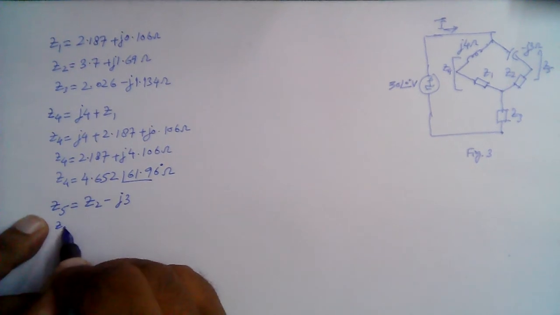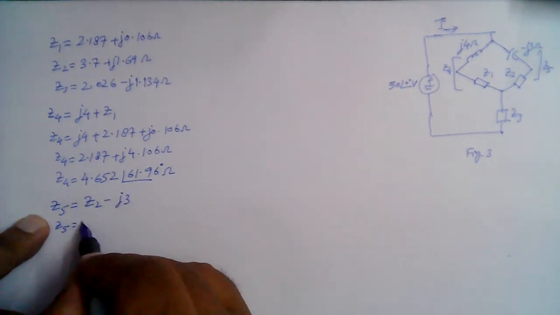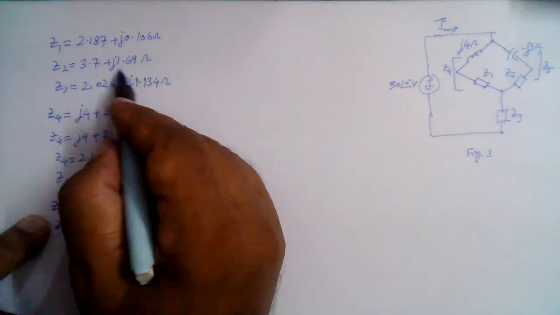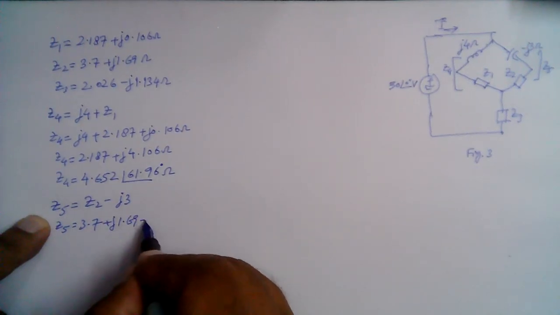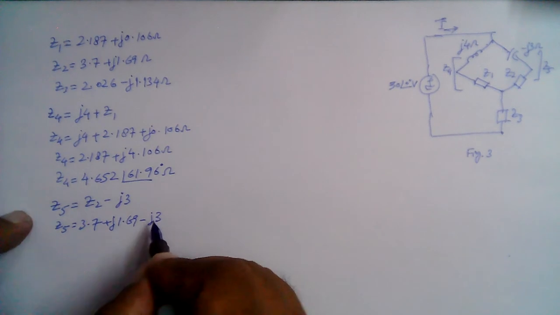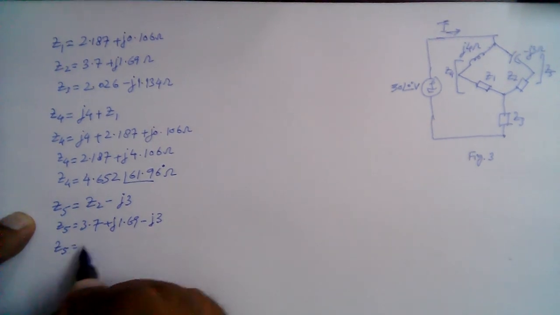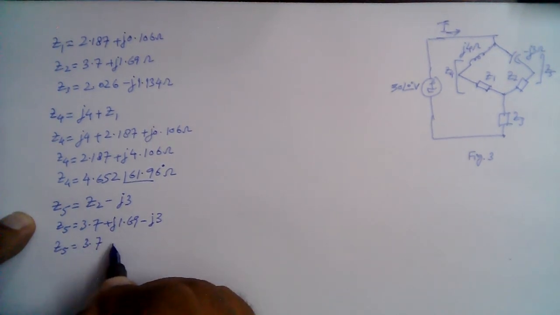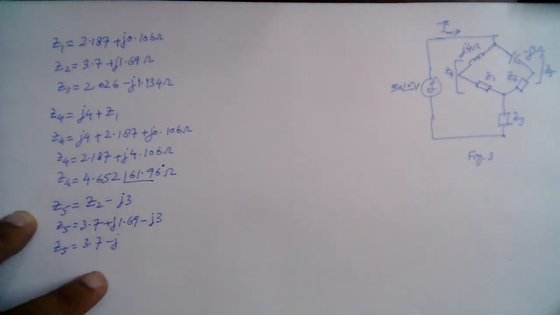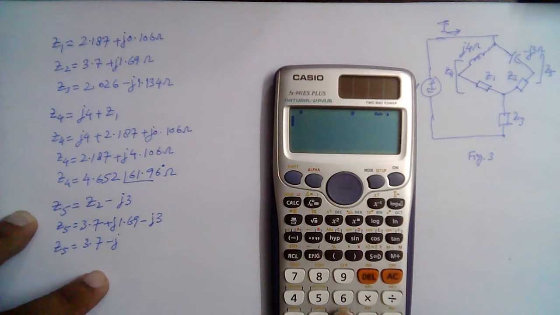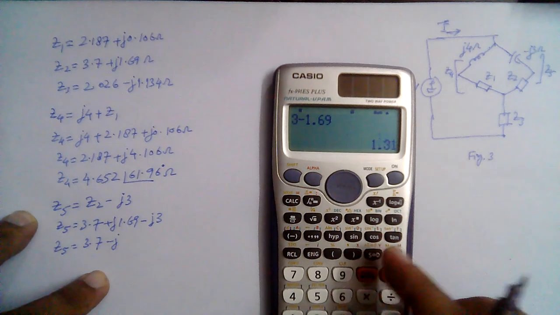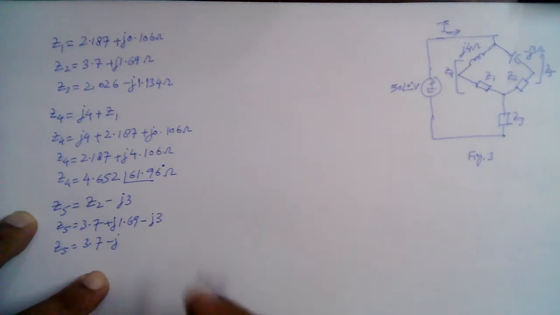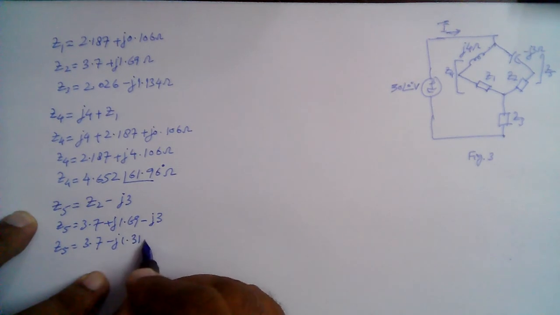So, 3.7 plus j1.69 minus j3. So Z5 is equal to 3.7 minus j1.31 ohms.